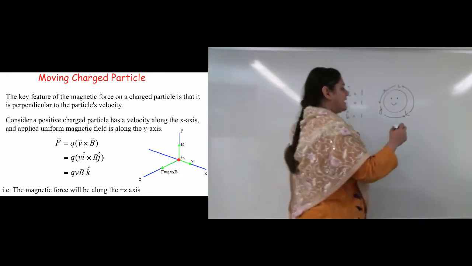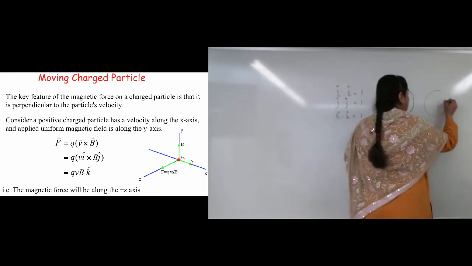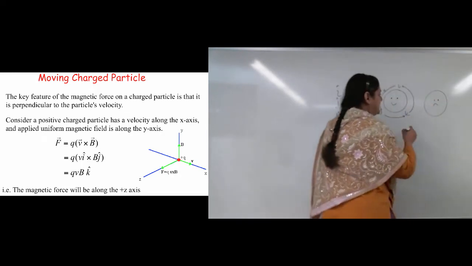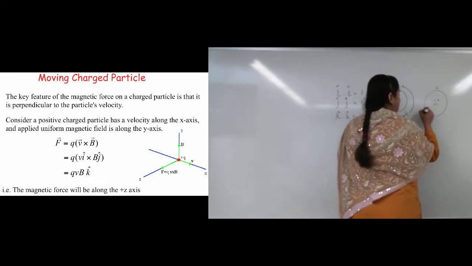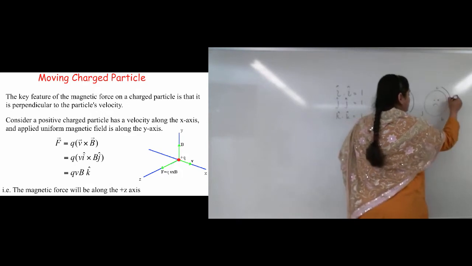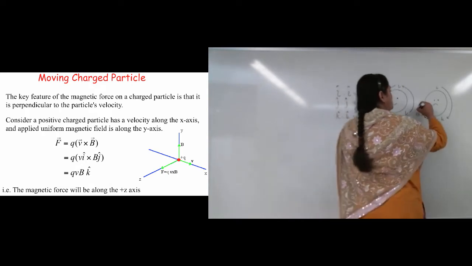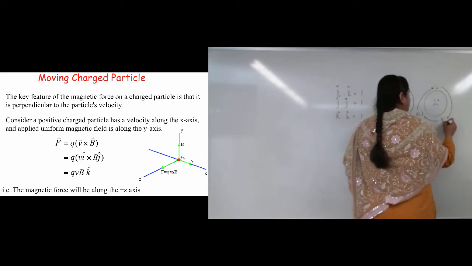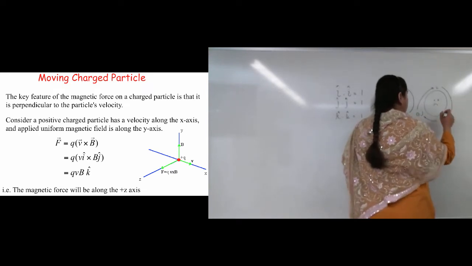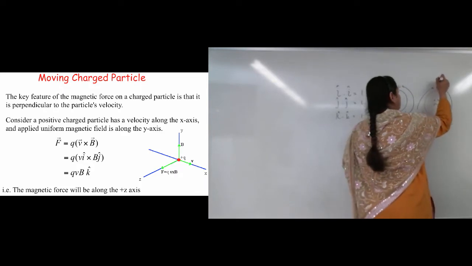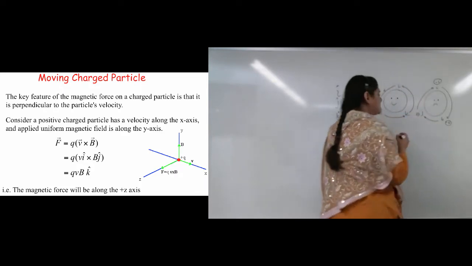Okay? And I also want you to remember a little sad face. What that means is if you go the other way around, i cross k will give you minus j, j cross i will give you minus k, and k cross j will give you minus i.